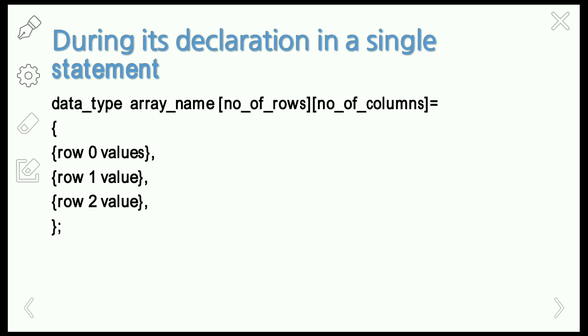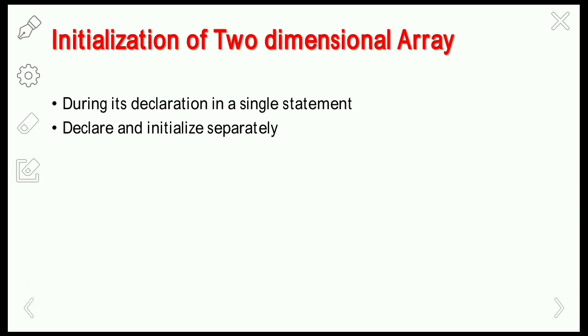So next one is initialization of two-dimensional arrays. Initialization of two-dimensional arrays is done in 2 methods. The first one is during its declaration in a single statement, and the second is to declare and initialize separately.